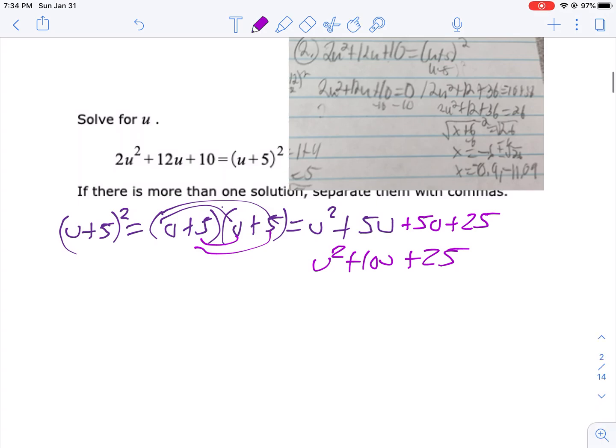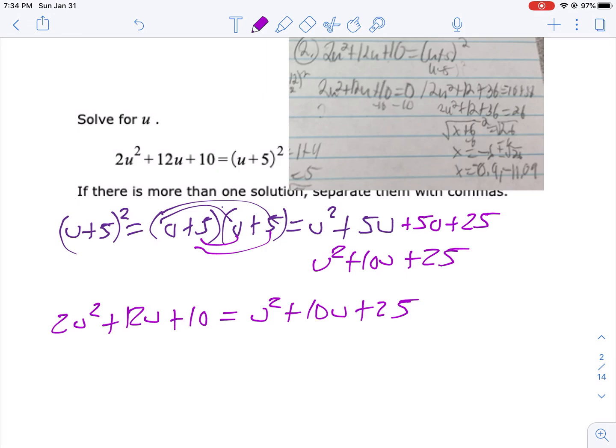So what we should have here is 2u squared plus 12u plus 10 equals u squared plus 10u plus 25. I didn't see that when you were doing this.